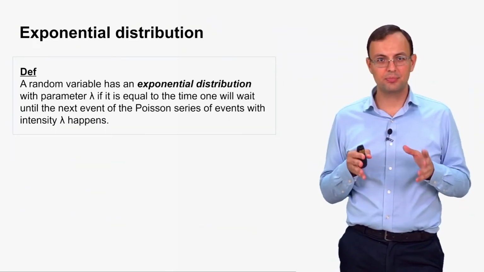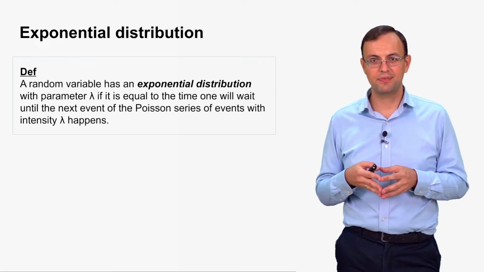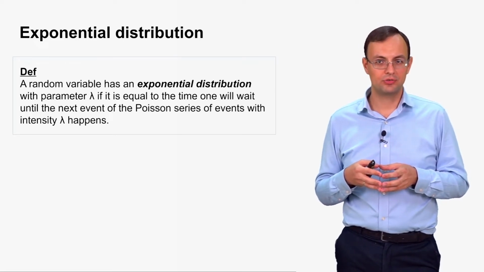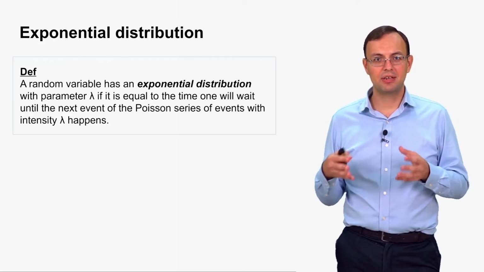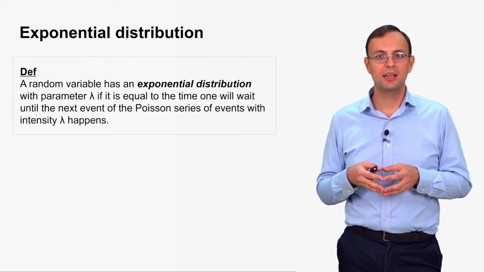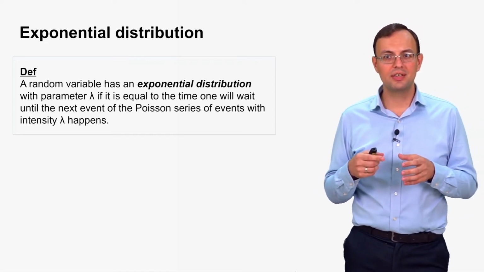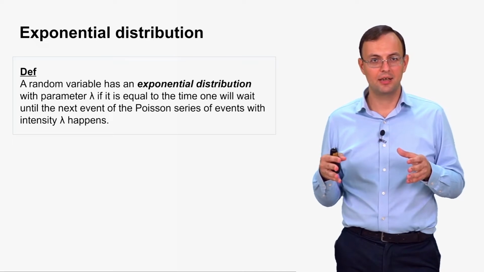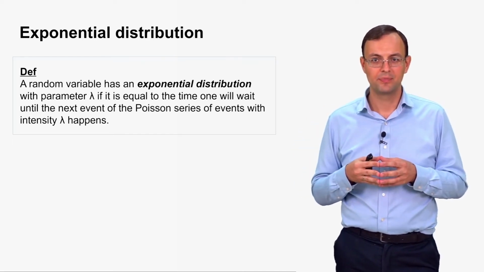The second distribution, based on the concept of a Poisson series of events, is an exponential distribution. Usually we say that a random variable has an exponential distribution with parameter lambda if it is equal to the time of waiting for the next event of the Poisson series of events.